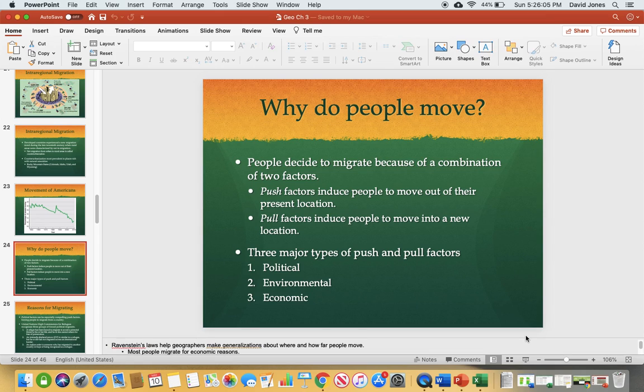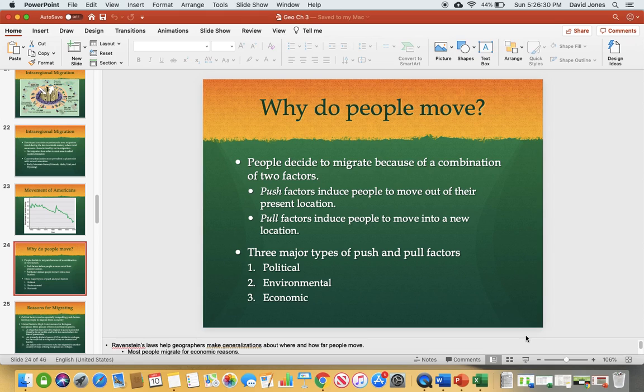It could be environmental, such as a hurricane destroying your house, so you move to a place with less possibility of being hit by a hurricane. Or it could be economic. I might live in the Great Lakes states and lose my job in manufacturing and want to go to a place that has better jobs. So part of Ravenstein's laws is that every move will have a push and pull factor.